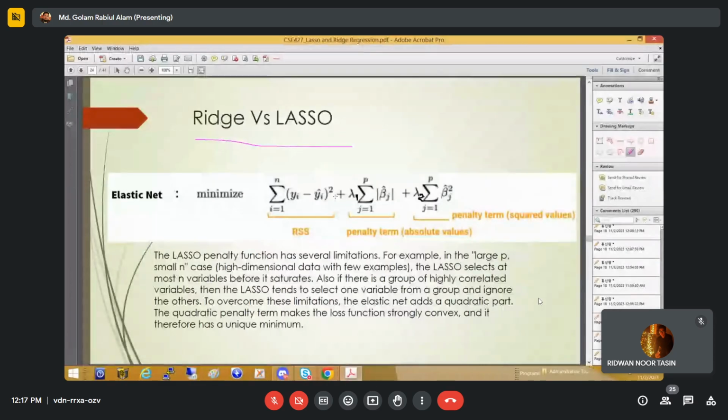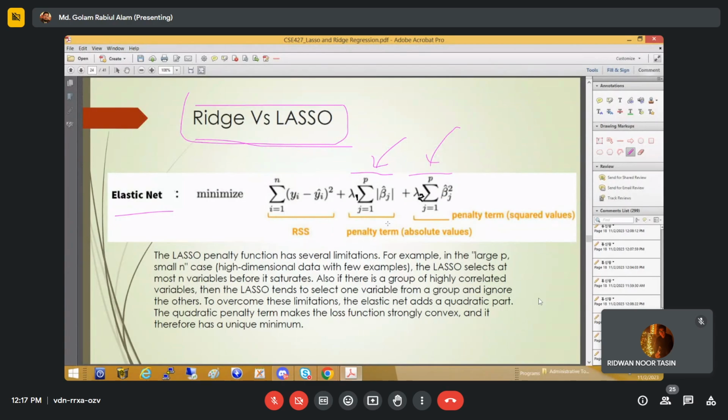Combining the effort of Ridge and lasso, usually gives the elastic net, another regression mechanism. In this case, it will use the penalty terms from lasso and Ridge. This part is from the Ridge regression, and this part is from lasso regression, and it will provide us more benefit.